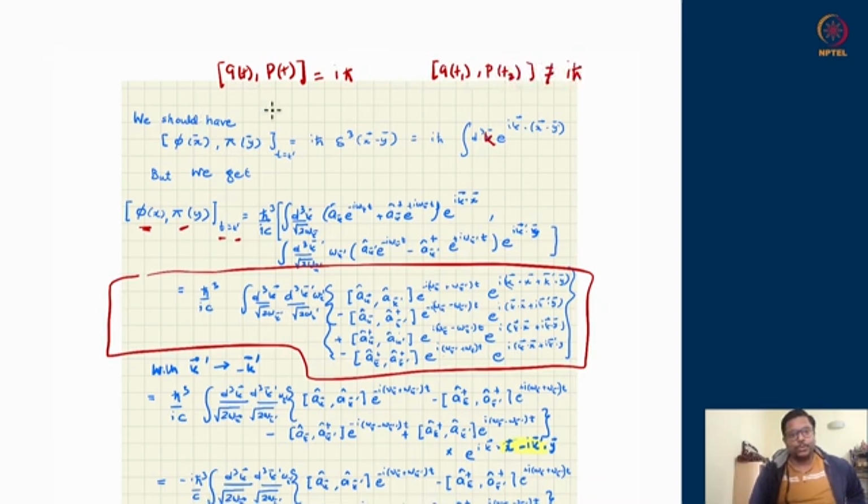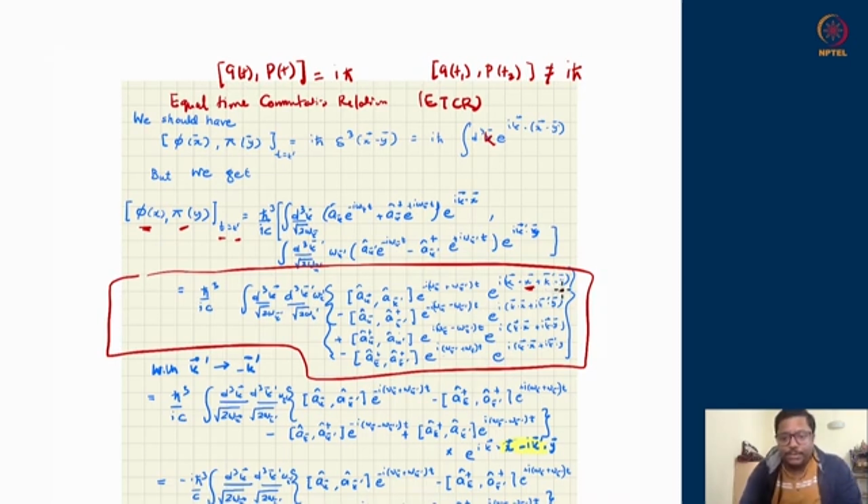So this is called the equal time commutation relation, which also gets a short name, ETCR. So the times have to be the same. So you see the coefficients of both omega k and omega k prime are the same because we are talking about the same time, but we are not talking about the same position. So therefore the coefficients of k and k prime are different.